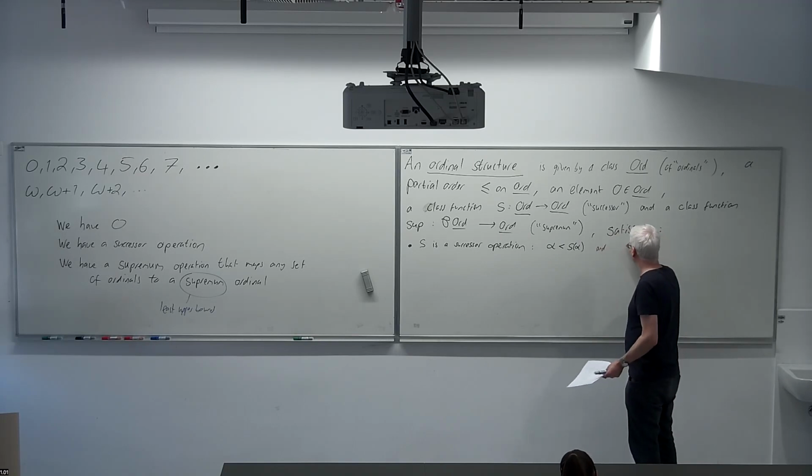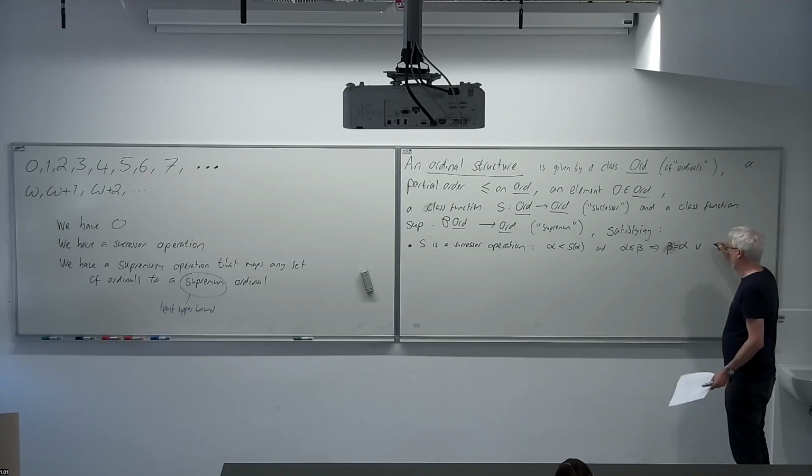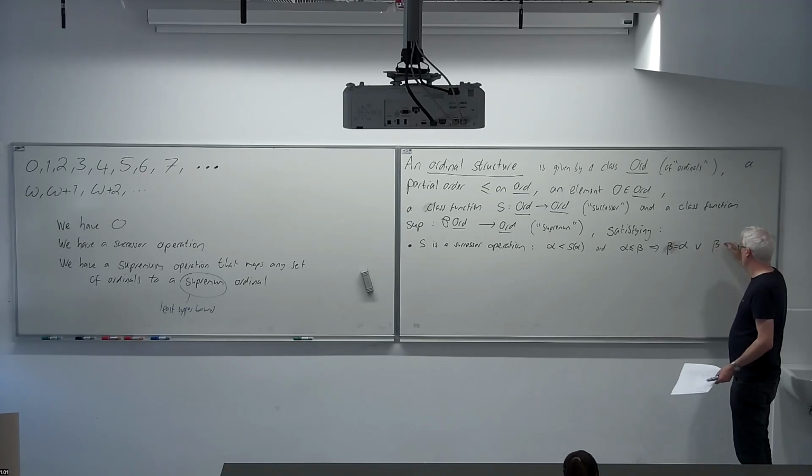and if alpha is less than or equal to any beta, then either beta is alpha or the successor of alpha is less than or equal to beta.